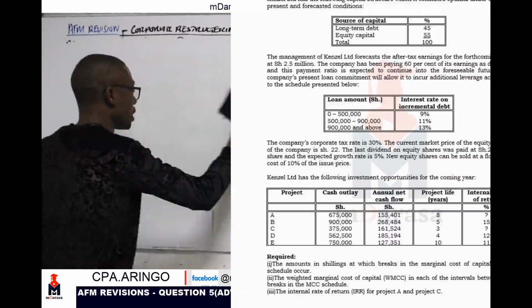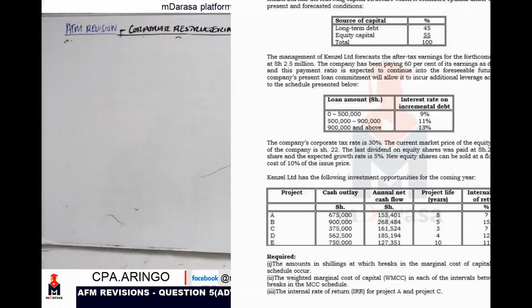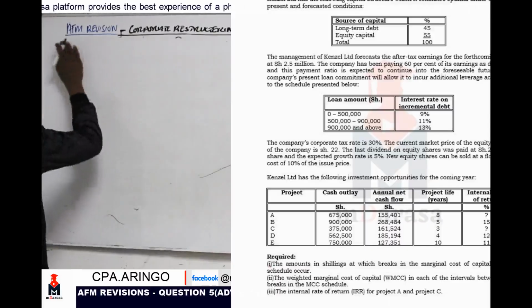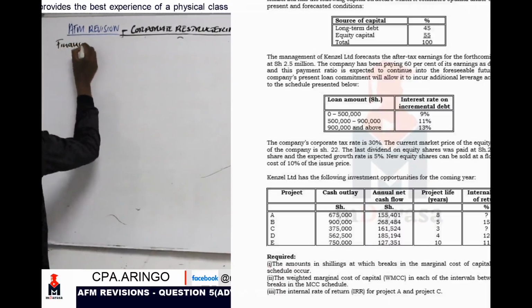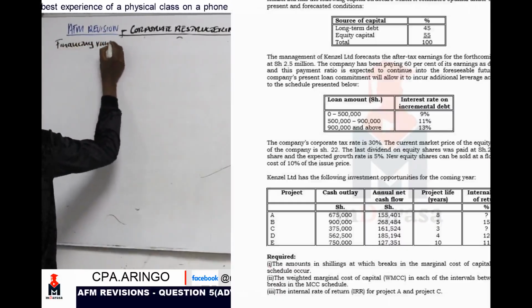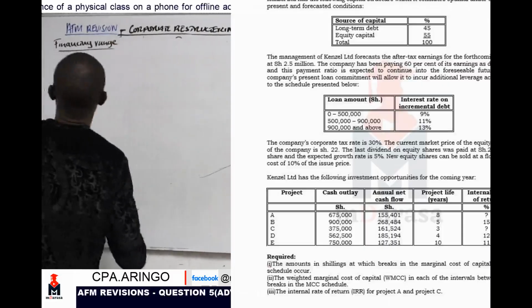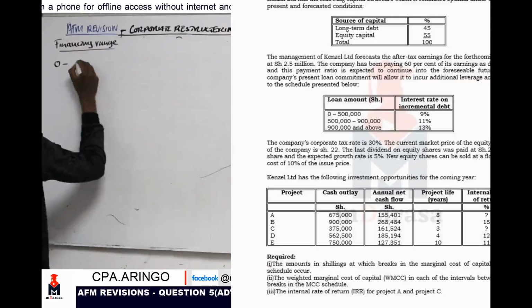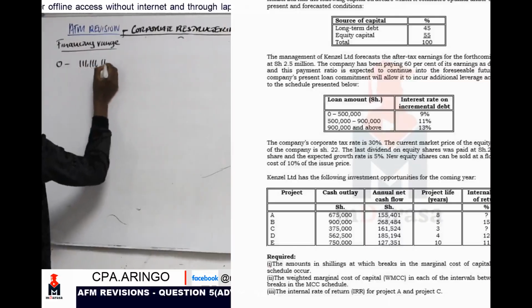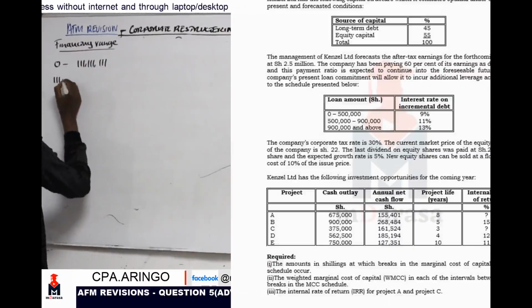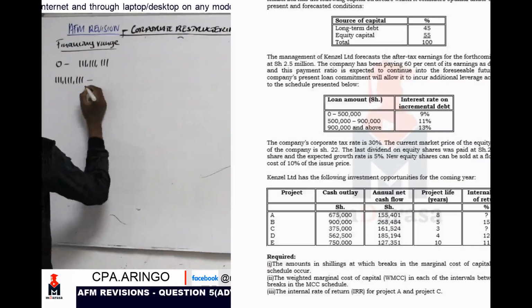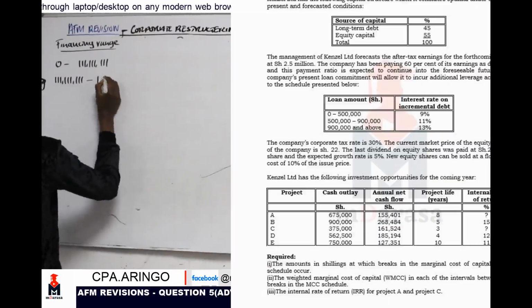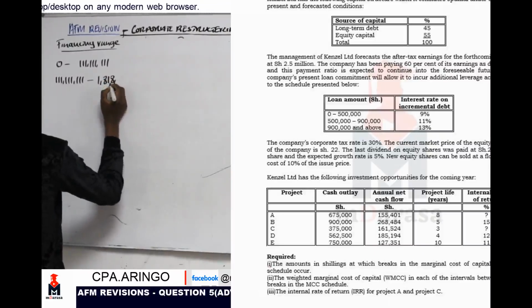Let us check the other part, where in our schedule, which we have literally prepared, our financing will range in between what Mwalimu had given us earlier on, that is 0 to 1,111,111, then 1,111,111 to our figure of 1,818,182.